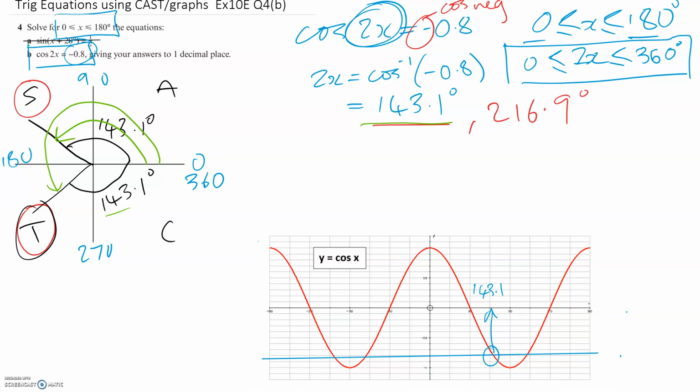You're just finding all the places where the red curve of cos x meets the blue line, and the blue line is y equals minus 0.8. So where does cos x meet y equals minus 0.8? Well, 143.1, we got that from the calculator. There's another value here, so we need to decide what that value is. There's lots of ways of doing this. You could say that this distance is the same as this distance.